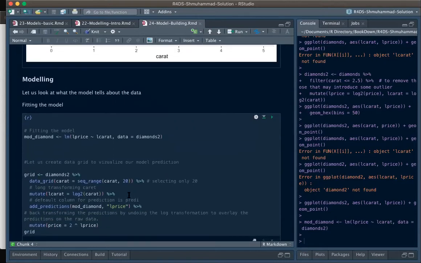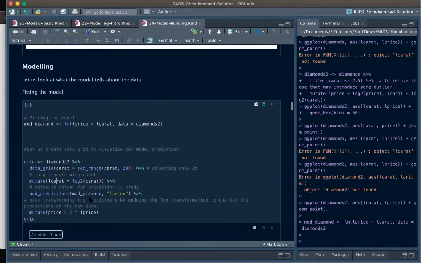Good. So we can see here we have the data grid. Using data grid, we have our cohort within this range, and we also create in the data frame the log-transformed Cohort, which is also using log 2. We take the transformation and we add the prediction.